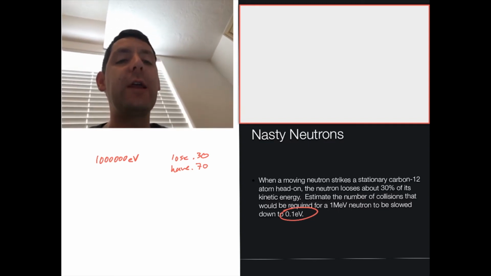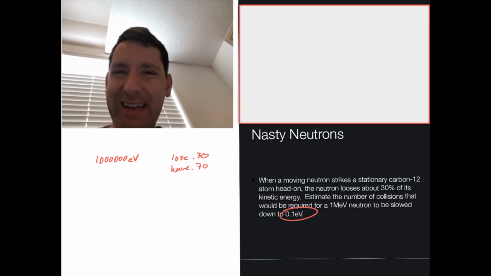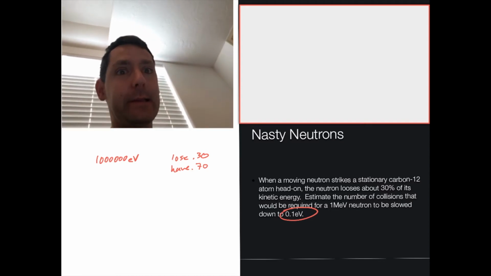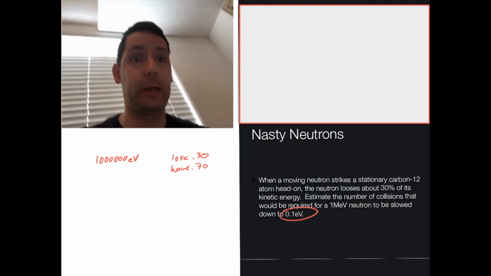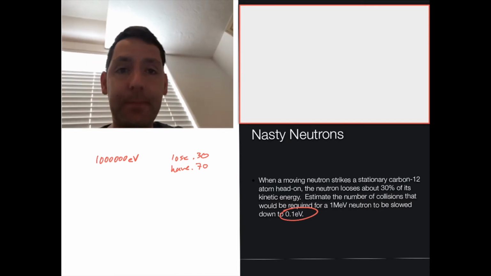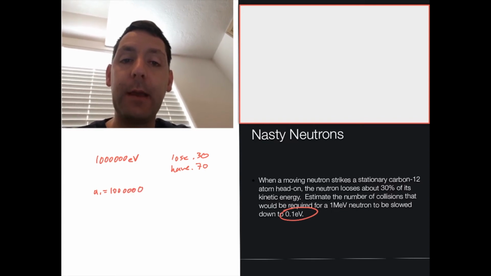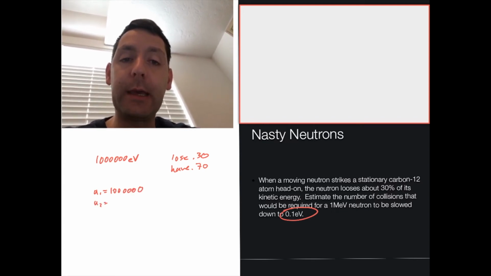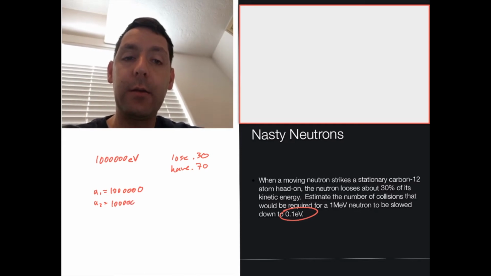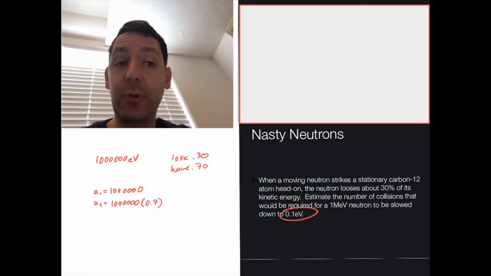Okay, another way to do it is to recognize, you're going to like this. Well, some of you are going to like this. Some of you are going to be like, oh my goodness, why you bring that into this class? All right, so let's say that our first term is 1 million. Okay, the second term is 1 million times 0.7, or 0.70.